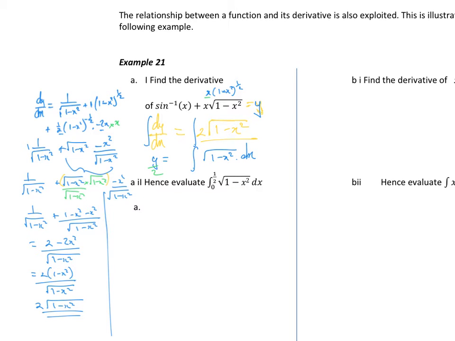So the integral from 0 to a half of square root of 1 minus x squared dx is equal to capital F of a half minus capital F of 0, where capital F of x is the antiderivative.